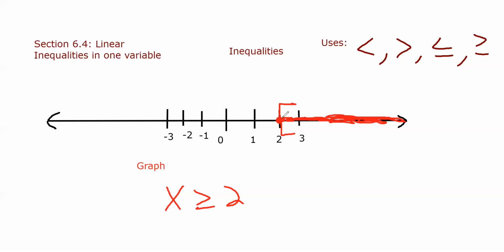So figure out where the number is, figure out if you're going larger or smaller than it, that is shading to the right or to the left of it. And then figure out whether you should use a closed circle or a bracket, if you're dealing with the or equal to's. If you're dealing with a strict inequality, strictly greater than, strictly less than, you could use an open circle that's not filled in or a soft parenthesis.